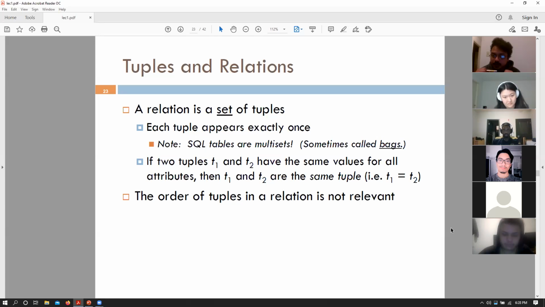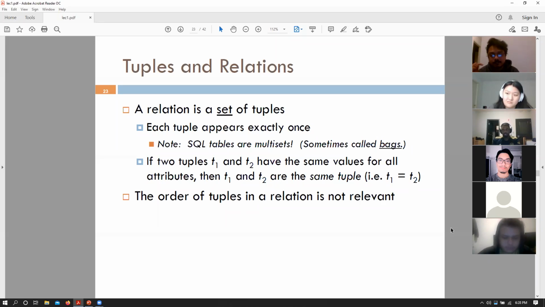We have to understand why, and this particular statement is from our book, Database System Concepts. But we have to be formal, and this particular statement is a bit vague. This statement means that there might be two tuples with the same values, and those two tuples are then considered the same. But that is not the case.